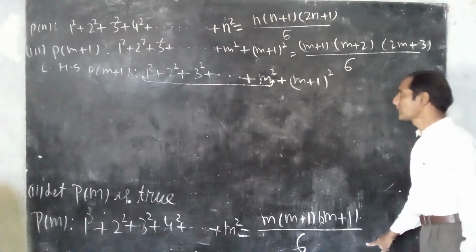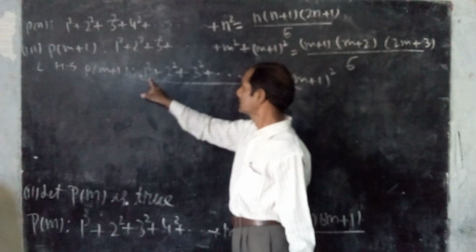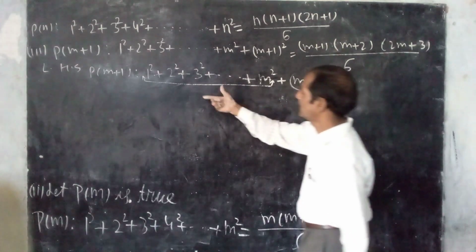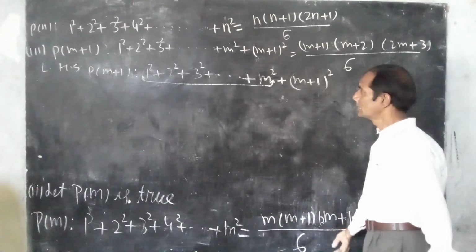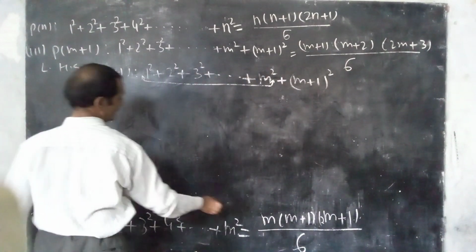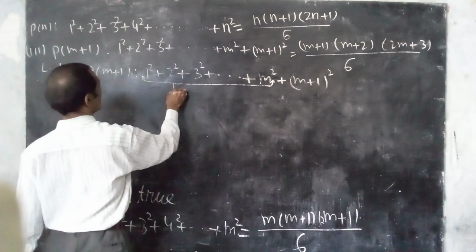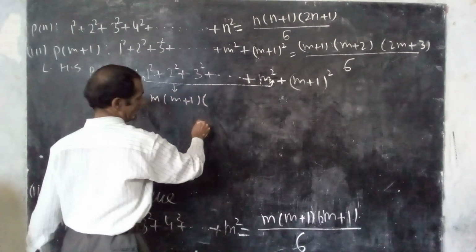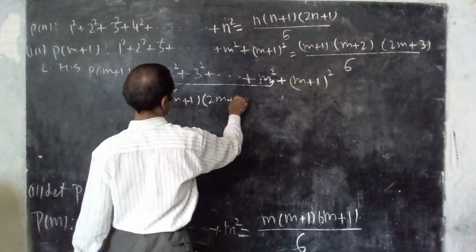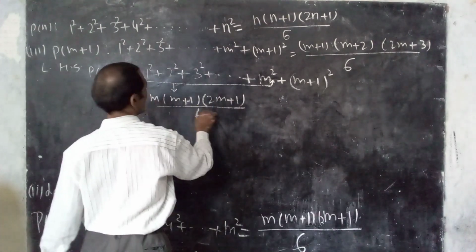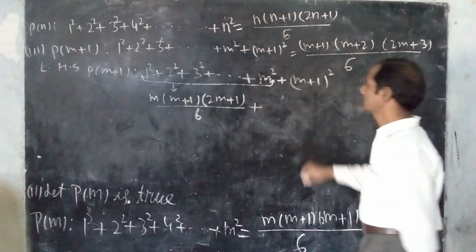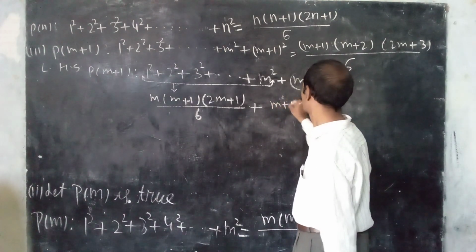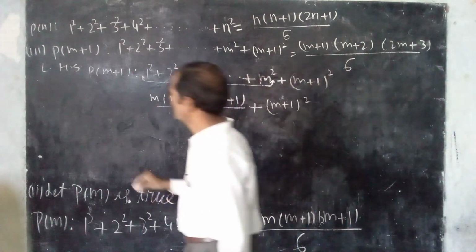So we can replace this by this: m into m plus 1 into 2m plus 1 by 6, and this term remains unchanged, so copy it as it is. So this is your Pm plus 1.